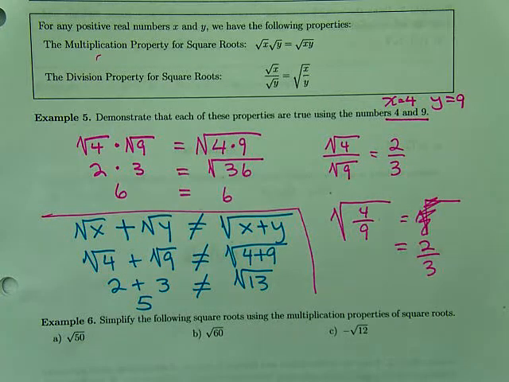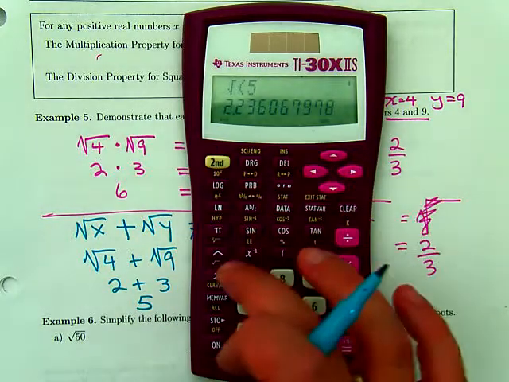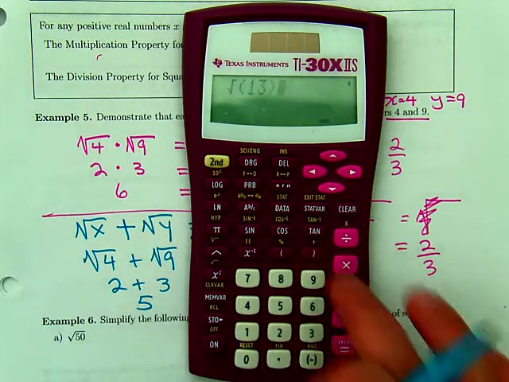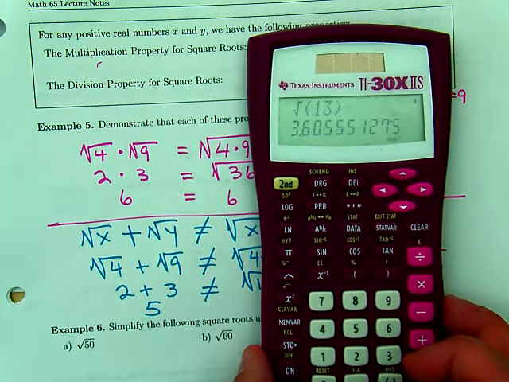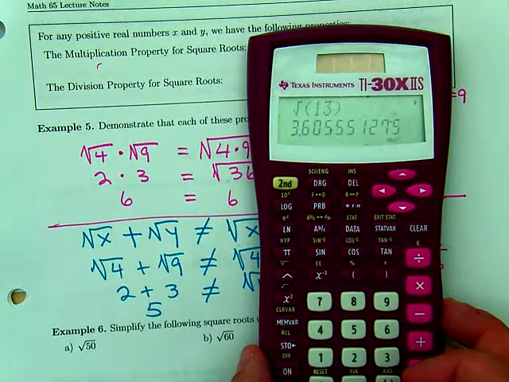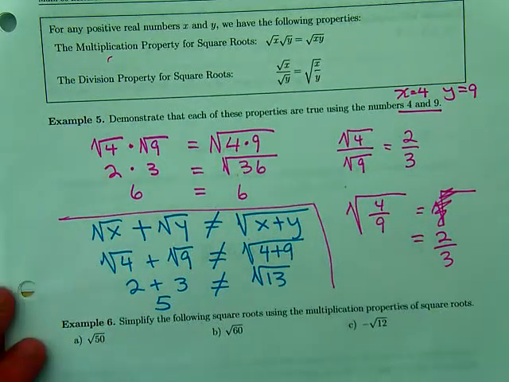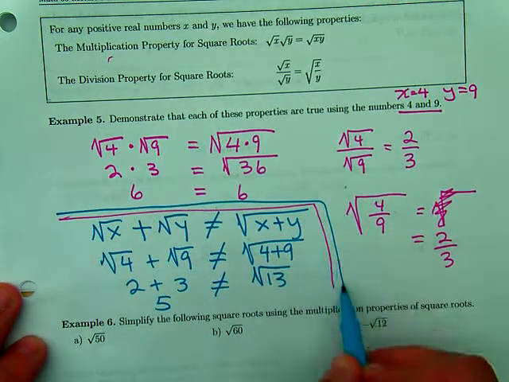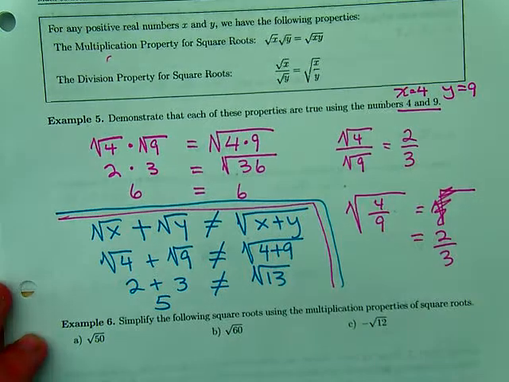If we take the square root of 13 on our calculator, we see that it's not the same thing as 5, it's approximately 3.6. And we know this is an irrational number. That's why the decimal goes on forever and does not repeat. So realize that the only properties this works for are multiplication and division.